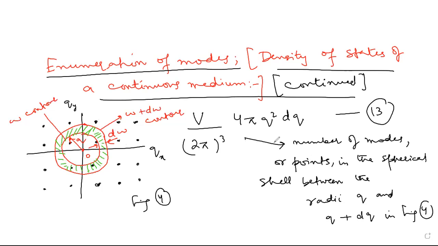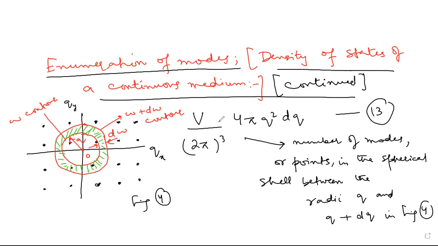Now we are saying this thing represents the number of modes or points in the spherical shell between the radii q and q plus dq. Why so?